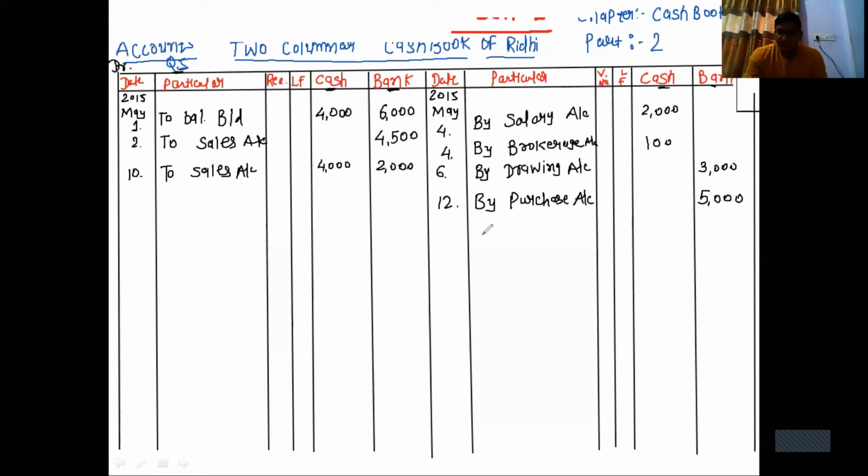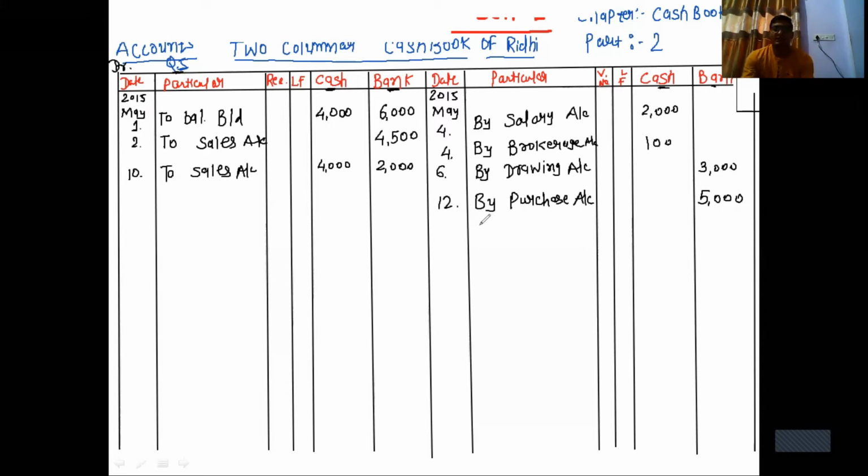Then on the 17th date, shop rent of 2,000 paid by check. Again, it is our expense. We have paid shop rent, so our bank balance decreases, bank balance goes out.